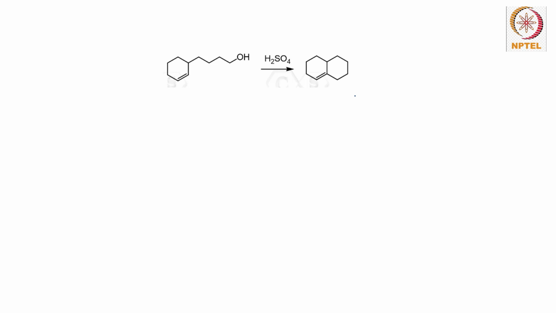So this is not substitution. Substitution means by eliminating something, you are entering something, thus substituting something. If there is an incorporation of a new group, that will be a substitution. But if there is no incorporation of any group, that is just an elimination type, that will be elimination.